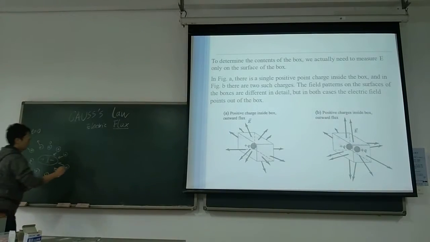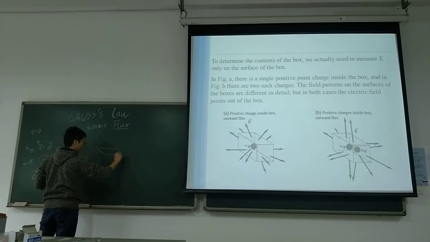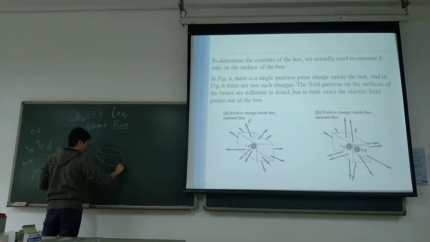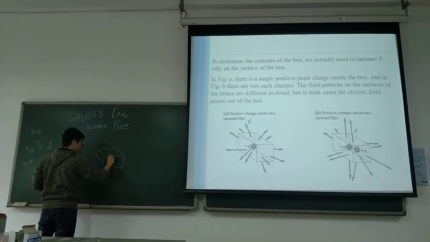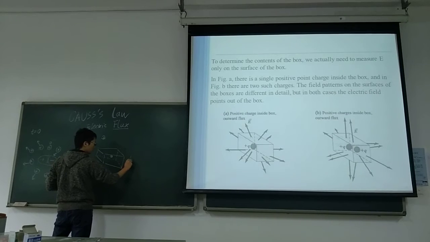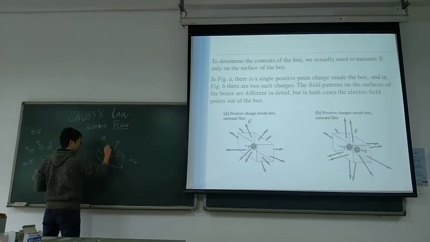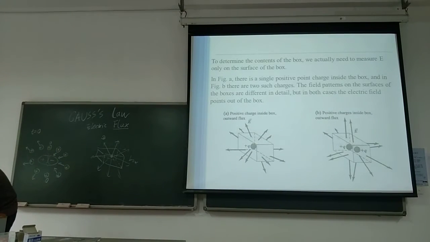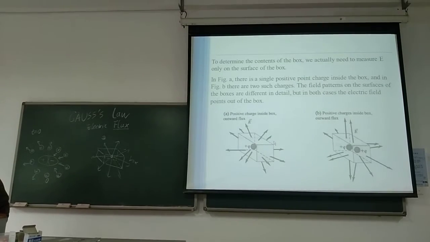In this situation, the electric field through the box has many electric field lines. Outward flux.